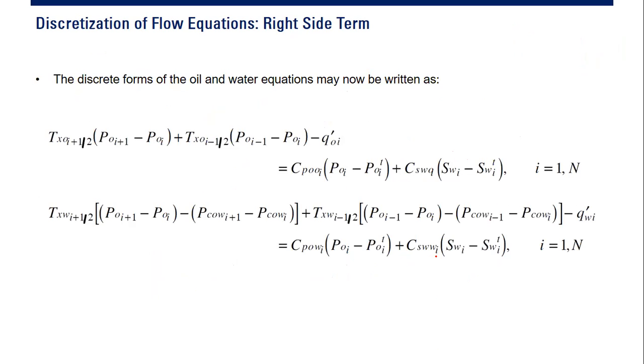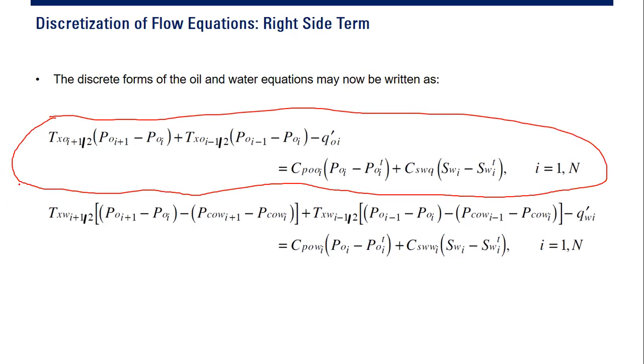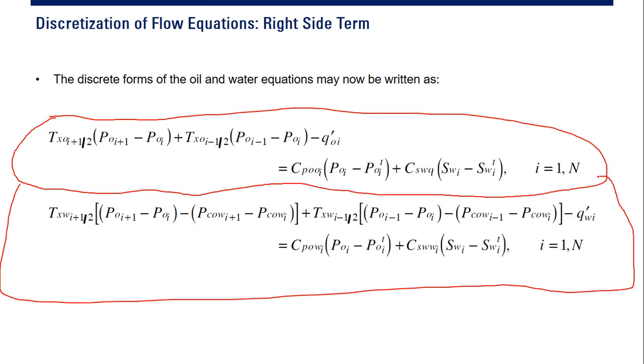Okay, so the discrete forms of the oil and water equation may now be written as this one. It looks great. Now the flow equation that we have is shaped like this. Don't forget T is the transmissibility, C is capacity.